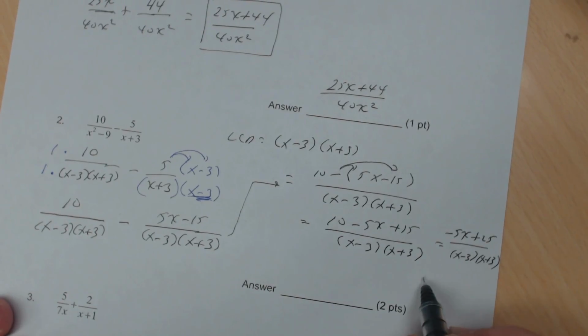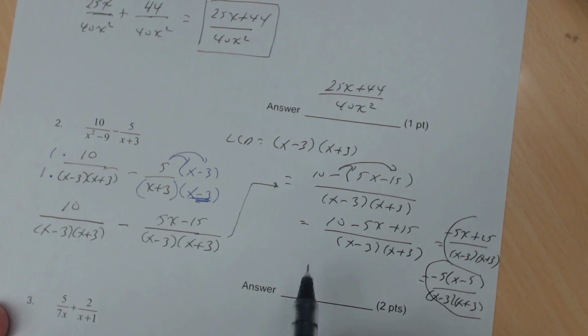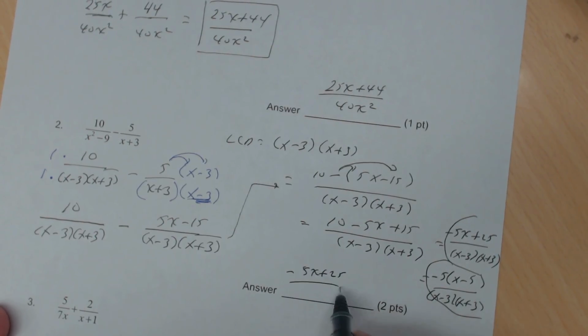You could factor out a negative 5, so you could say negative 5 times x minus 5, because a negative 5 times x is a negative 5x. A negative 5 times a negative 5 is a positive 25, all over the LCD. But you notice that there's nothing that can reduce. So either this or this is your answer. It does not matter. So I'm just going to go ahead and write the first one. So negative 5x plus 25 divided by x minus 3 times x plus 3.